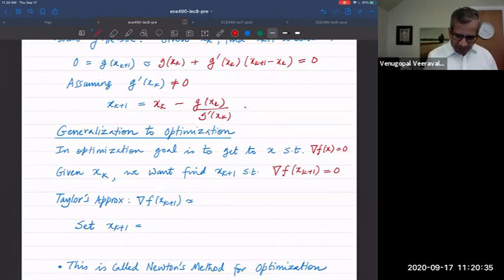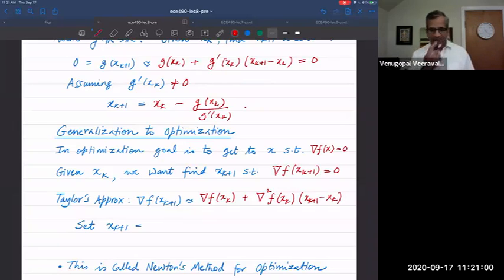So again, use Taylor's approximation, just like we did in Newton's method for solving g of x equal to 0. Taylor's approximation in this case says that the gradient at xk plus 1 is the gradient at xk plus the Hessian at xk times xk plus 1 minus xk. This is the first order Taylor approximation.